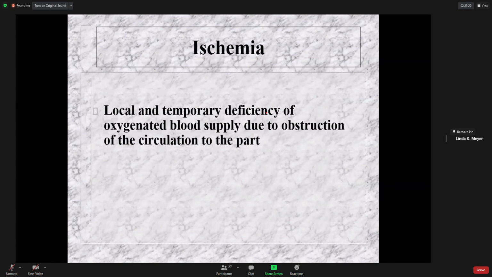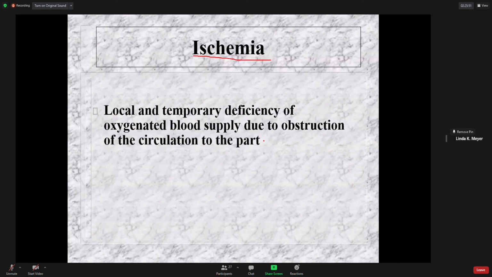Okay, the final thing I'm going to talk about in this section is ischemia. Earlier I pointed out that when there's decreased oxygen to the tissue, that leads to ischemia in that affected area. So what that is, you have this temporary deficiency.